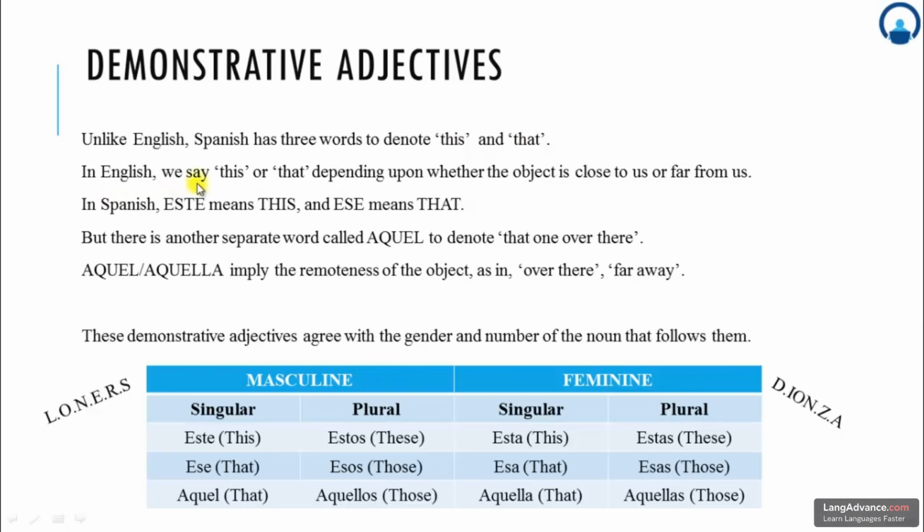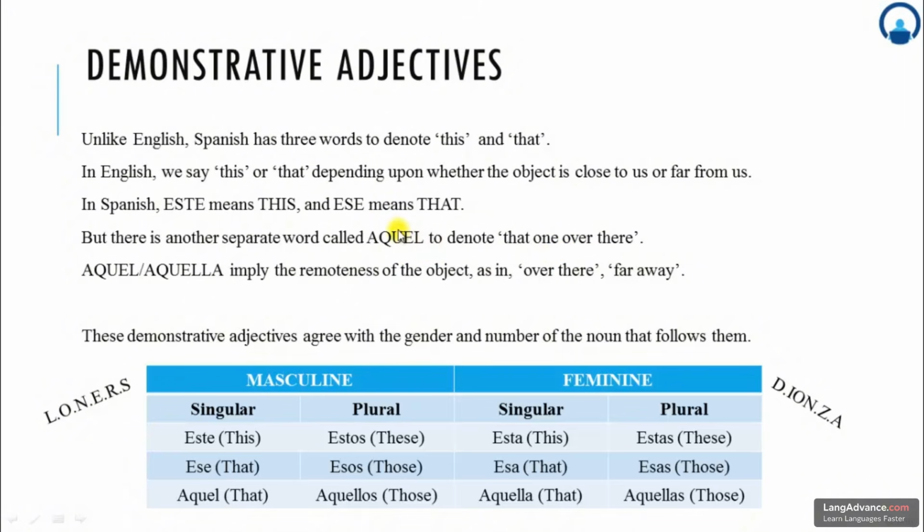In English we say this or that depending upon whether the object is close to us or far from us. In Spanish, este means this and ese means that. But as I said, we have got three words to denote this and that. So we have got another separate word called aquel to denote that one over there.